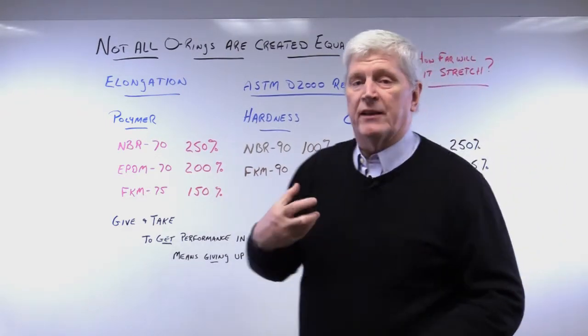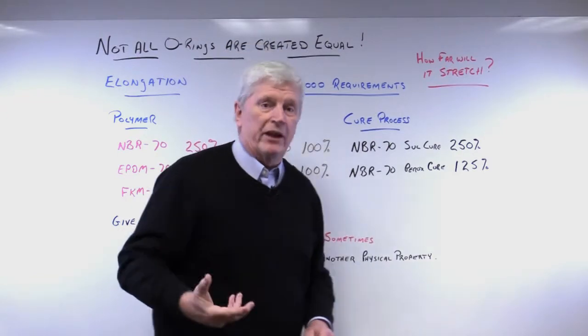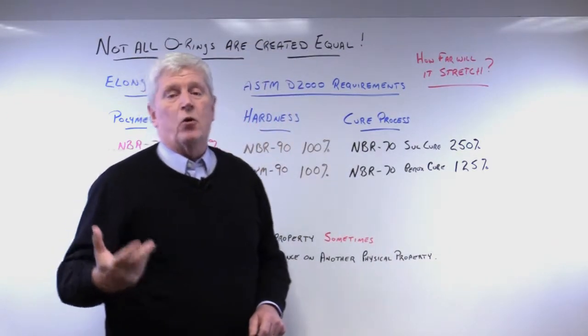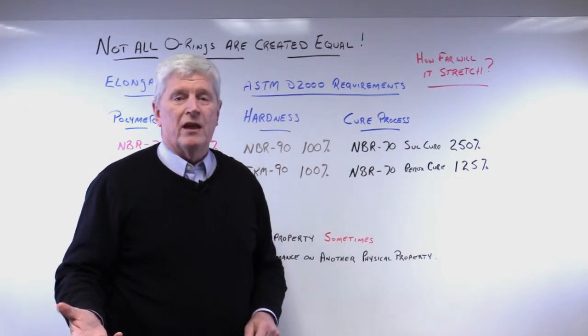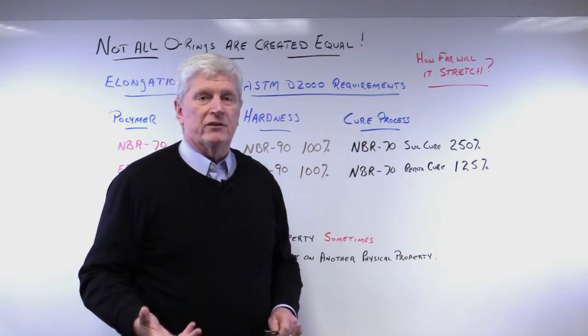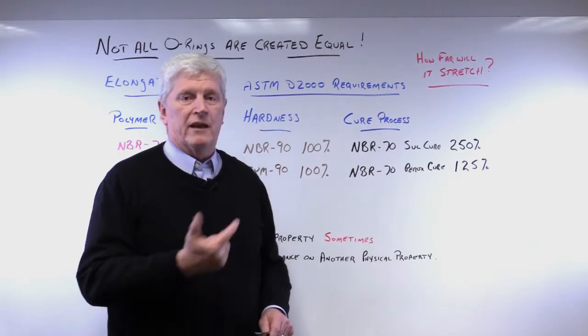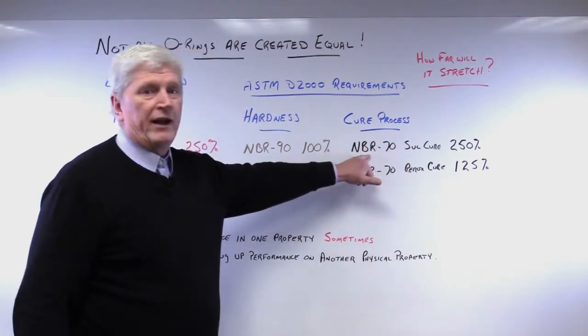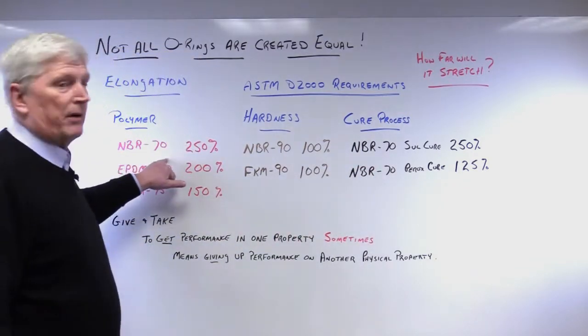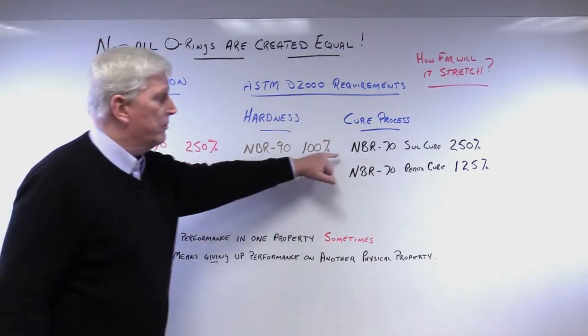Let's throw one more variable in there. If compression set is a significant factor in your application, a peroxide cured O-ring is a common go-to when it comes to compounds and materials. How does the curing process within the manufacturing of the O-rings impact elongation? Well, a sulfur-cured 70 durometer nitrile is really the baseline that we were comparing over here at 250%.